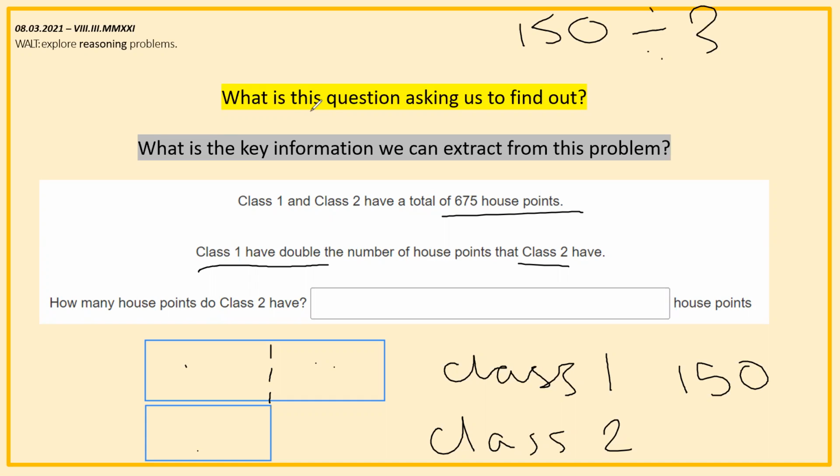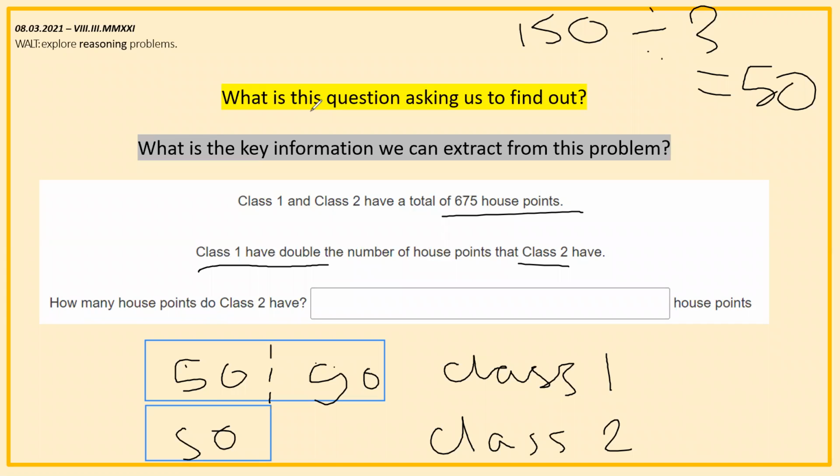I know that 150 divided by 3 equals 50. So in each box is going to be 50. So here, class 1 have got 100 points. Class 2 have got 50 points. So this is the kind of pattern you need to follow to answer this question.